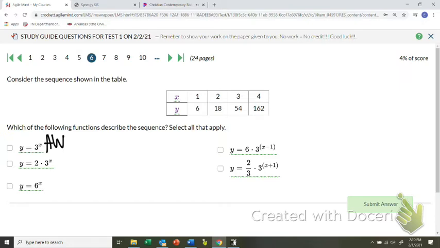Allie, I want you to type in the second one. Ava, I want you to type in the third one. Brenna, the fourth one. And Bo, the last one.